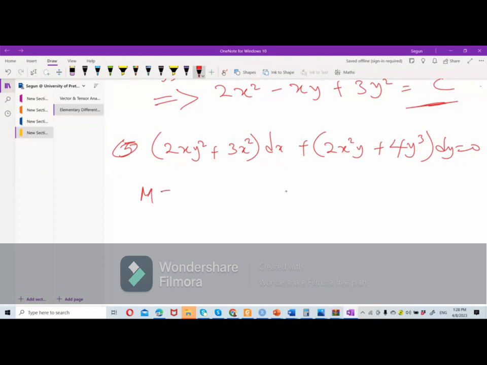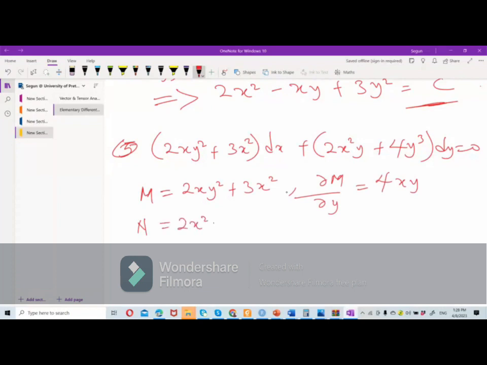Our m is equals to 2xy squared plus 3x squared. Then the m dy is equals to 4xy. Our n is equals to 2x squared y plus 4y cubed. Then our n dx is equals to 4xy. So the equation is exact.